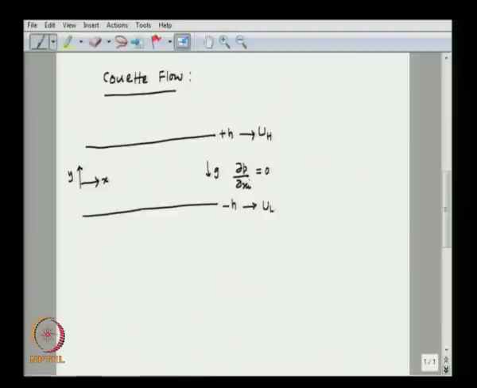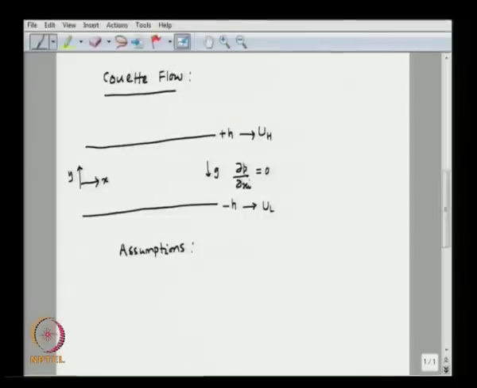Okay. And we make certain assumptions. We assume that the fluid is Newtonian, there is no pressure gradient acting, and there is no body force present. Okay. And flow is unidirectional and uniform. So the velocity component and the gradient of the velocity are orthogonal to each other. So the convection term drops out from the Navier-Stokes equation.